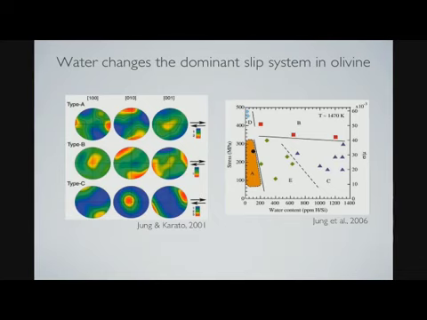This is an updated version from 2006, where the type A fabric tends to plot at these water and stress conditions, and type B plots up here. So if you put a lot of water into your mantle and you also are at high stress, then you can have this different fabric. But it now seems pretty clear that it's pretty unusual to get to those very high stress conditions, as shown by modeling and also by field observations.